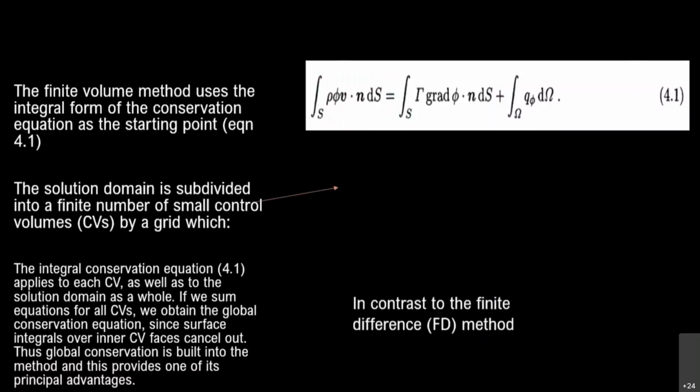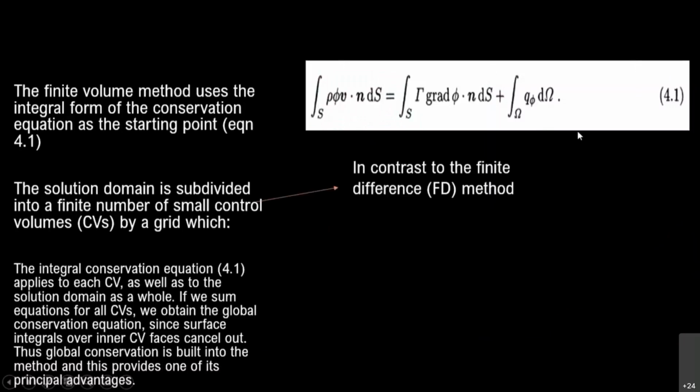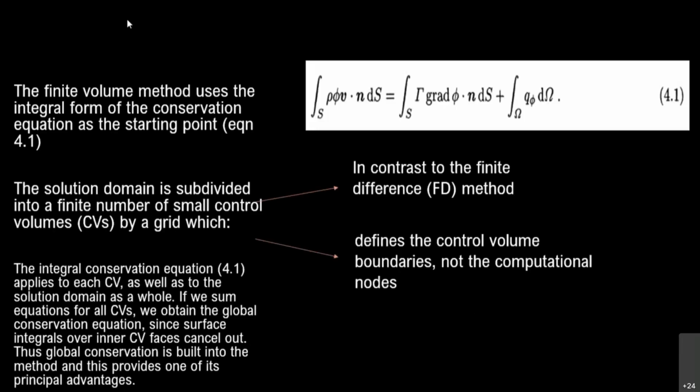In contrast to the finite difference method, the next step is to define the control volume boundaries, not the computational nodes. The integral conservation equation applies to each of the control volumes as well as to the solution domain as a whole.